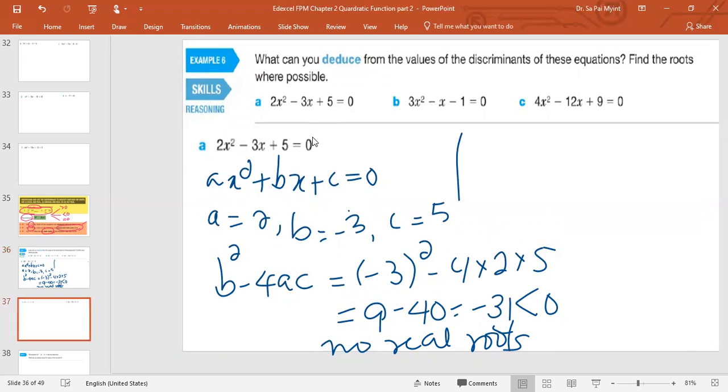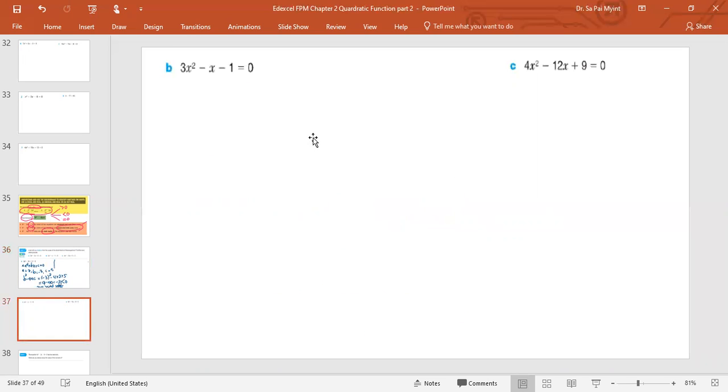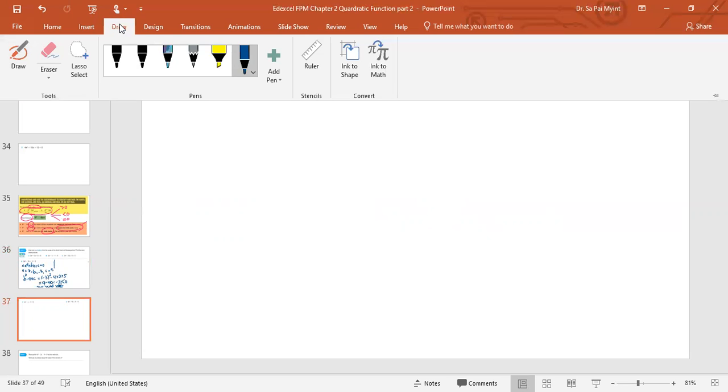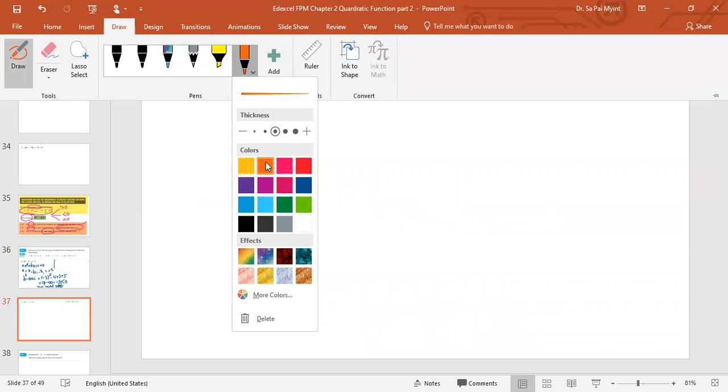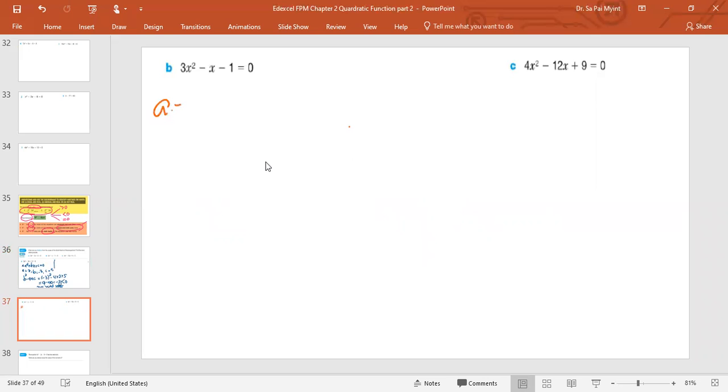How about B? Compare with the quadratic equation. What do you get? a equals 3, b equals minus 1, c equals minus 1. So write down the discriminant b² minus 4ac.